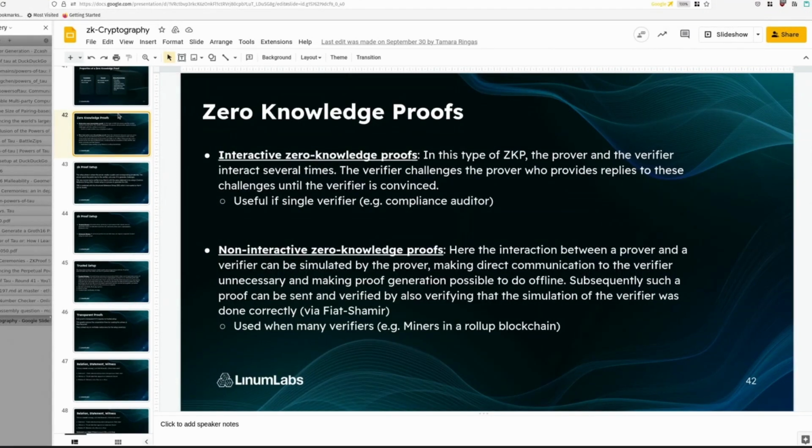The interaction between the prover and verifier is simulated by the prover before the proof is created, and that simulation is called a setup ceremony. You get different types of setup ceremonies. Particularly, we're going to look at a trusted setup ceremony, and then we'll look into what that means in a bit.